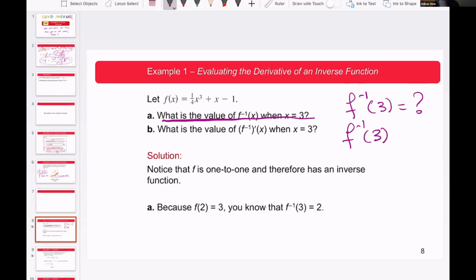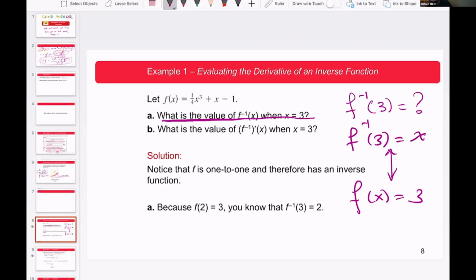Why don't we call that x? This is exactly what we're being asked. I know how to read this. Let me just rewrite that: f inverse of 3 is x. In fact, f of x has to be equal to 3. So you can always go back and forth between these two expressions by using f and f inverse functions.